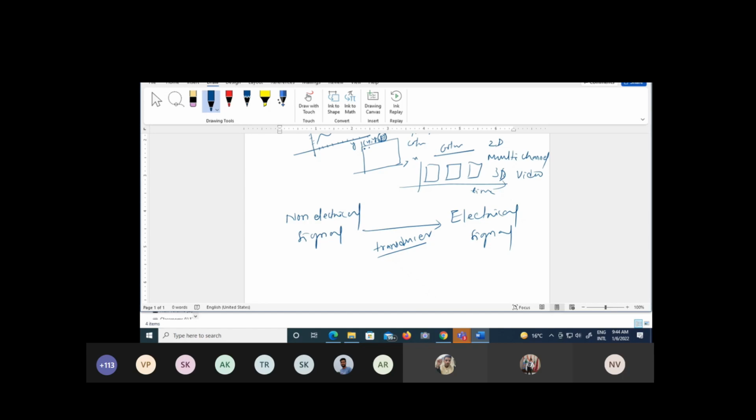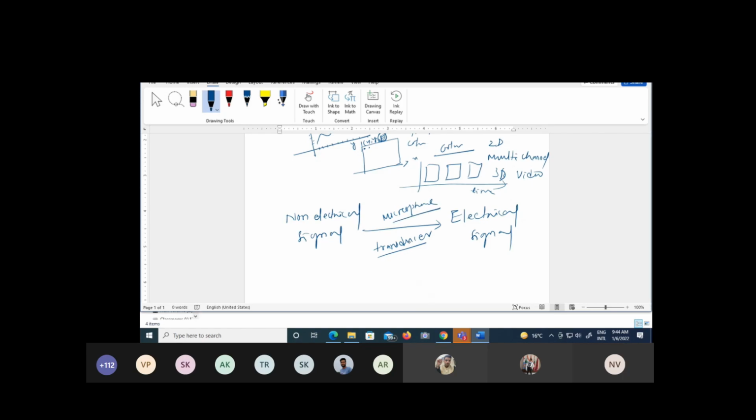Suppose, for example, your voice signal needs to be represented as an electrical signal. When we produce the voice signal, it creates some pressure. Just take the example of a microphone.